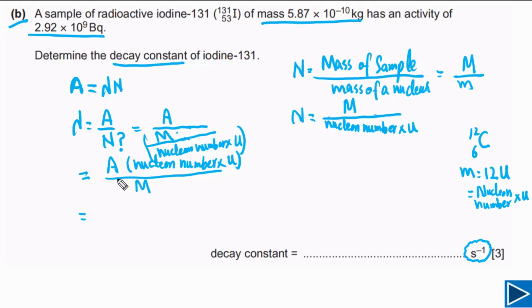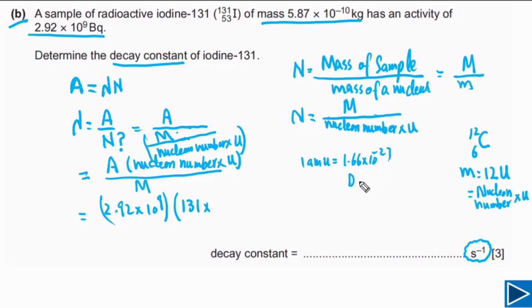So simply we can write down the activity of the sample, that is 2.92 times 10 to the 9. And the nucleon number of this nucleus is given, that is 131, and u is 1 amu, and 1 amu is simply equal to 1.66 times 10 to the negative 27.